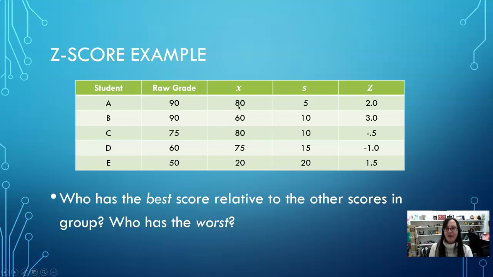If everybody got 100%, then getting 90% means you're actually doing pretty poorly relative to the group. So this is basically what Z-scores do: they put individual scores relative to what the group has been doing, and give you a better indication of where that person sits in terms of where the rest of the group sits, and how everybody did.